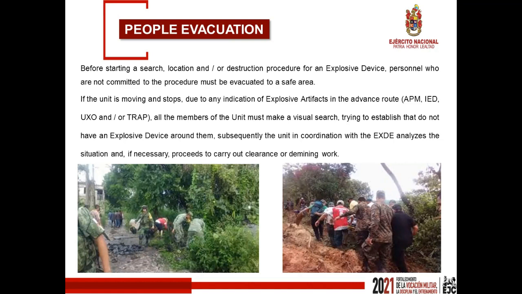If the unit is moving and stops due to any indication of explosive artifacts in the advance route, for example APM, IED, UXO, or booby trap, all the members of the unit must make a visual search, trying to establish that they do not have an explosive device around them.